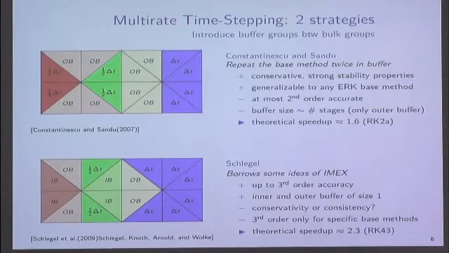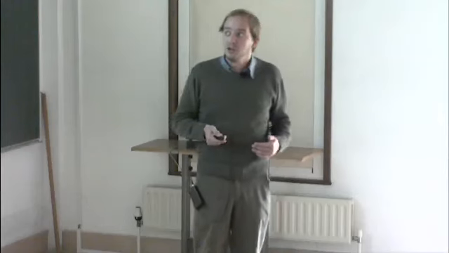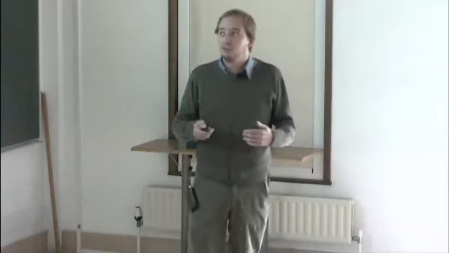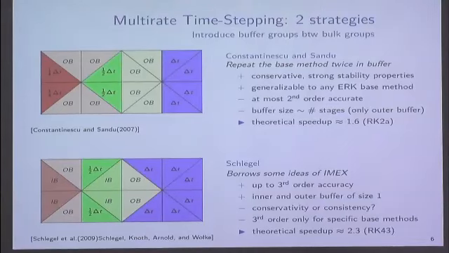They are conservative and preserve the strong stability properties. They're generalizable to any explicit Runge-Kutta method, but they are at most second order accurate, whatever you choose as base method, because at the interface between the bulk groups and the buffer groups, you lose convergence beyond order 2.